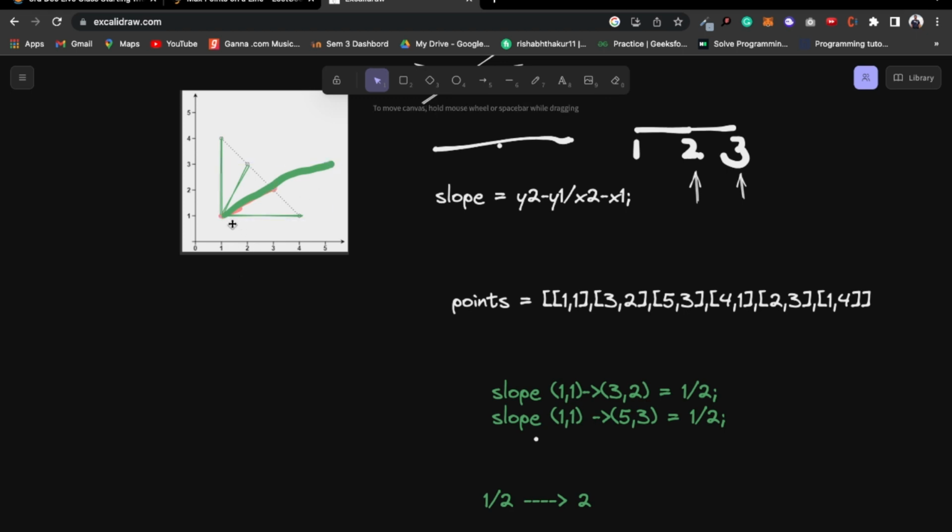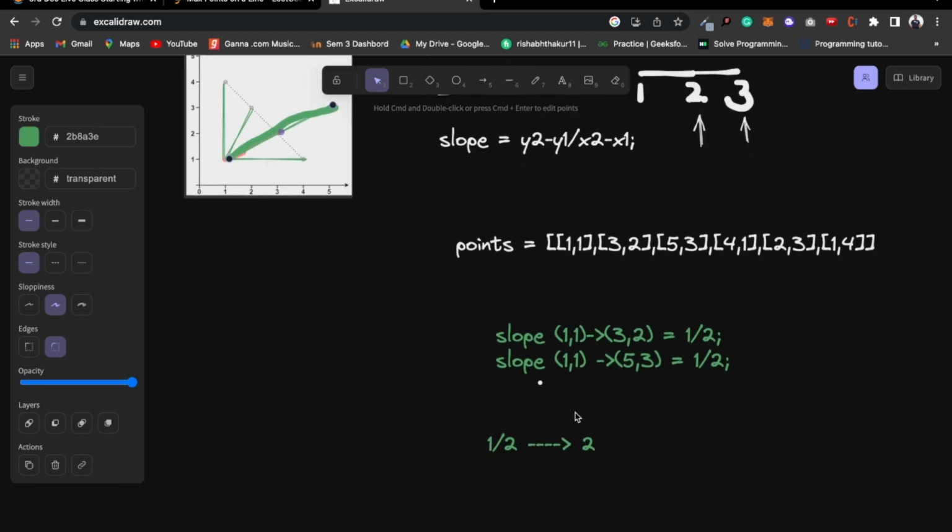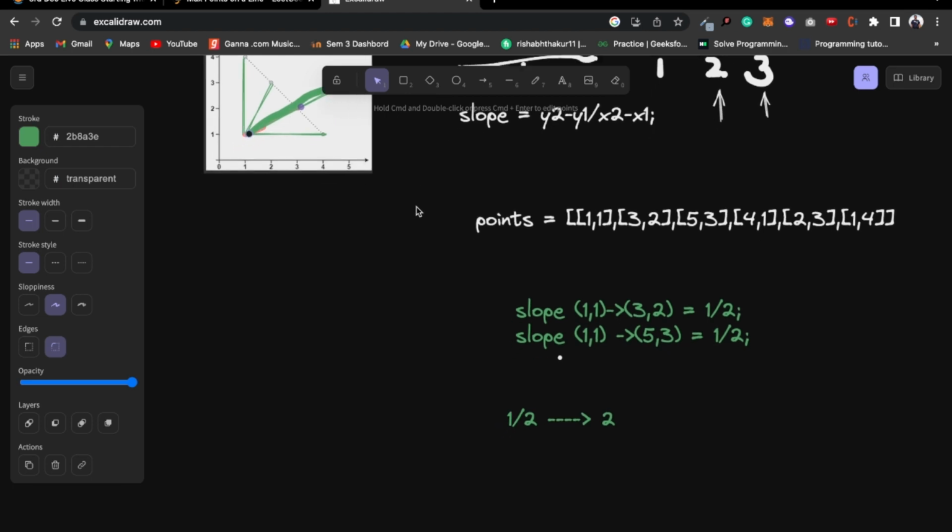So this bigger line has 2 points lying on this straight line, so we can say that 1 by 2 can be the answer from this point. We are not including the point from which we are calculating, that's why there are 2 points, and if we include it, we have 3 points. I hope you get the point.